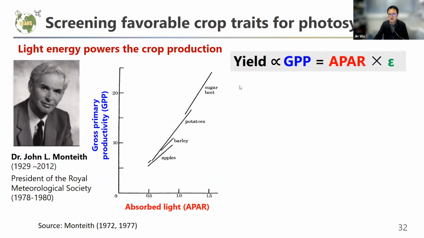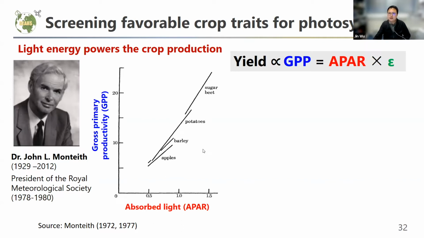Using this, he highlighted that if we want to model GPP, we can potentially simplify it as a function of APAR, the absorbed light, multiplied by a light use efficiency term. The light use efficiency term here represents a regression slope between absorbed light and GPP. We can see the light use efficiency term is quite similar across different trees, but still has some variation.